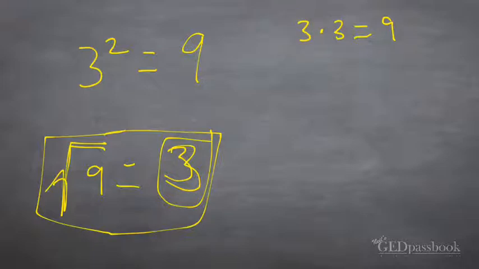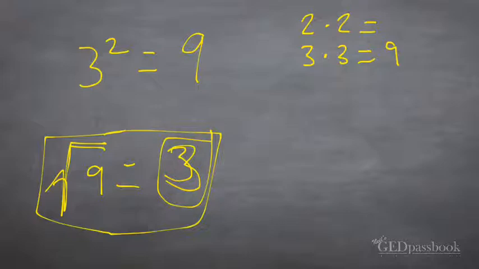Ask yourself, let me move this down a little bit. Ask yourself, 2 times 2, what is that? All right, what is 4 times 4? What is 5 times 5? Well, let's just stop there for now.